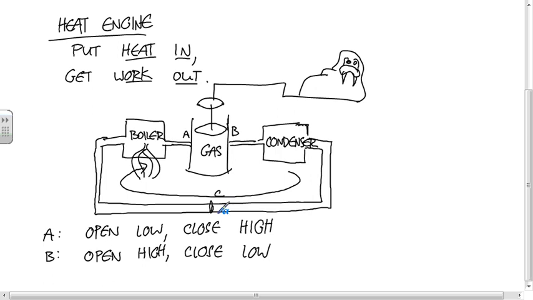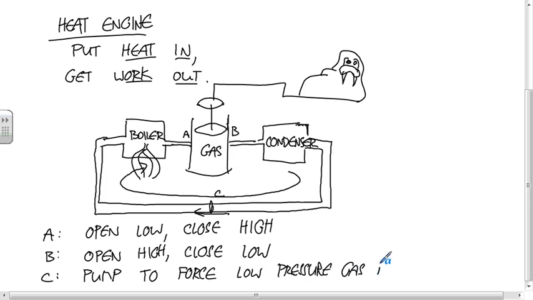So we need a pump to make the low pressure gas move into the high pressure area. We have to force it in there. And that takes energy. So some of the energy here is going to be lost to power this pump. And this forces the low pressure gas into the higher pressure region.